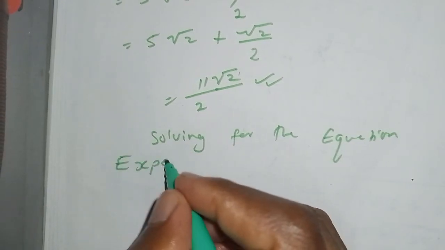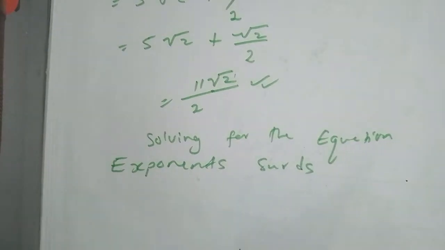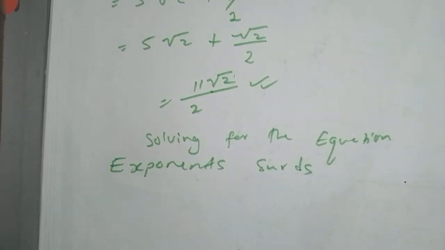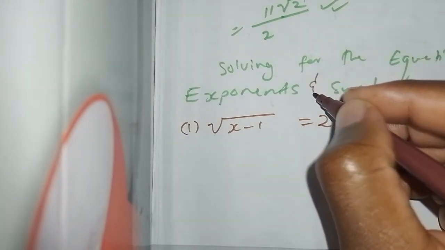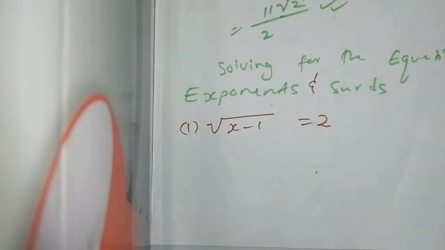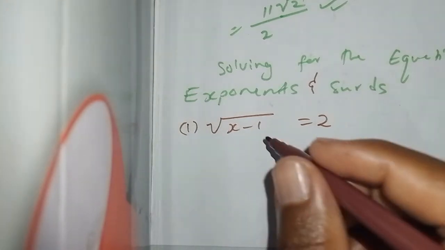We are still here: exponents and surds. Now we will be starting with solving surds before we come to exponents, because we were doing surds, then we'll do exponents afterwards. You are given such a question, they say solve. In this type of question, what you need to do is remove the square root.